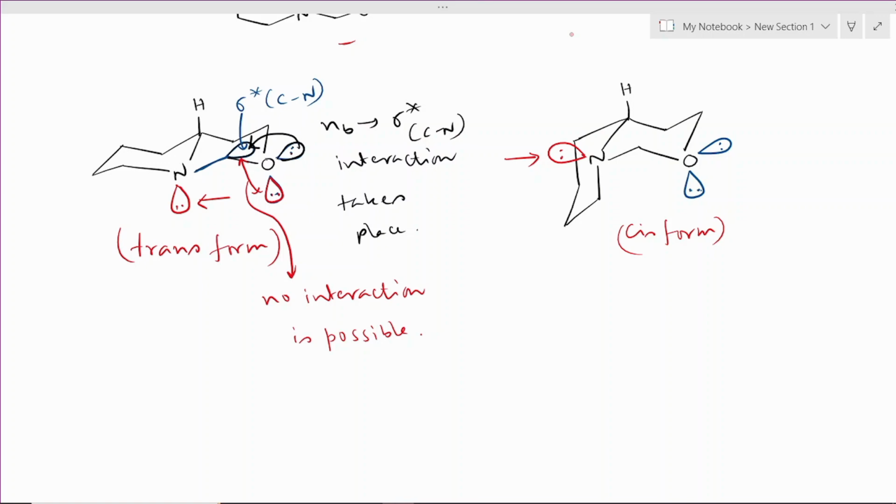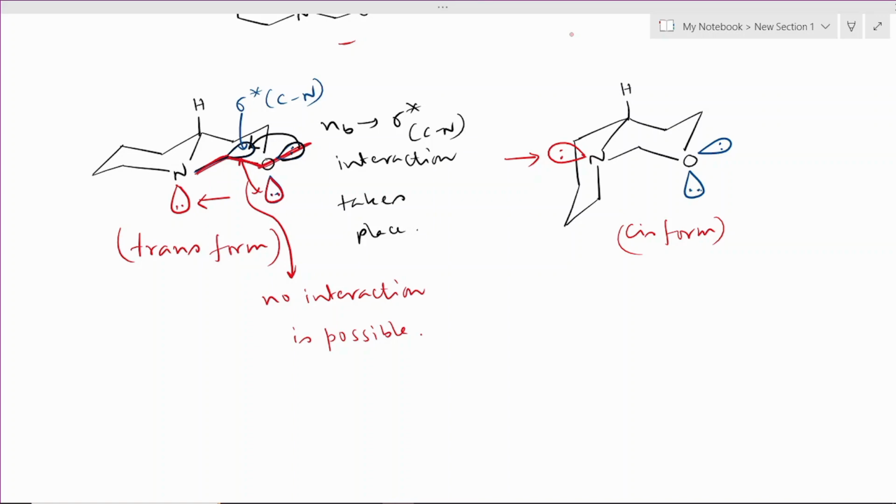In other words, we can say that if this carbon nitrogen bond and this oxygen lone pair are in anti-periplanar position, then this type of hyperconjugation takes place. So the anomeric effect will occur only if these indicated bonds are in anti-periplanar position.